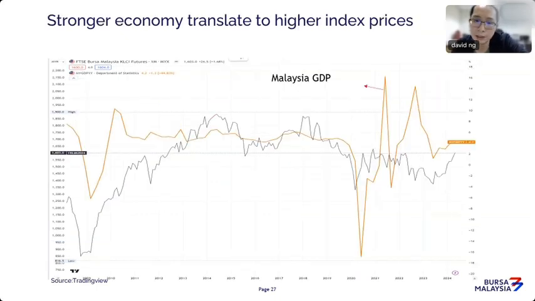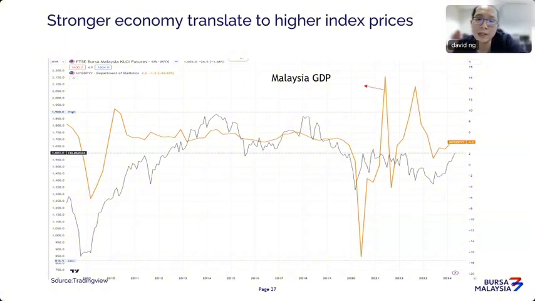Now, a stronger domestic economy is always a plus when it comes to the index, and it's very relatable, for the simple fact that if the GDP growth is growing, that means the economy in general, the economic engine in general, is growing. So that means there's more momentum for the index to go higher.